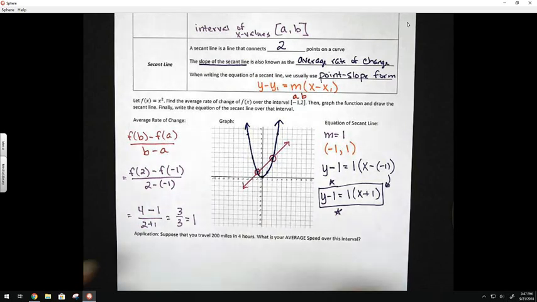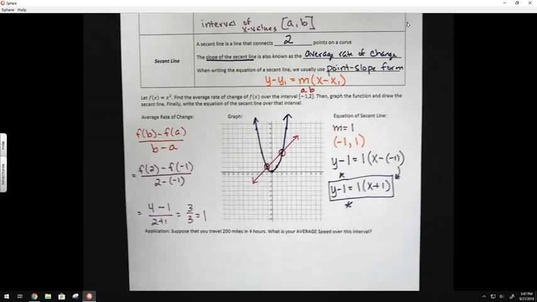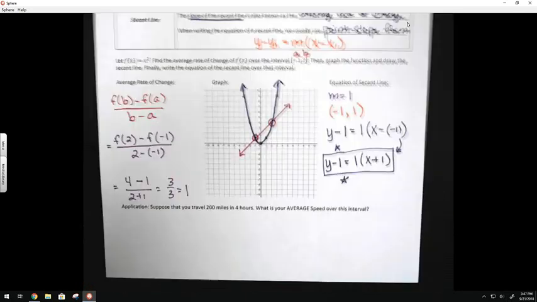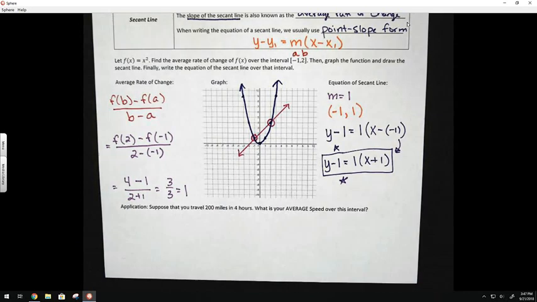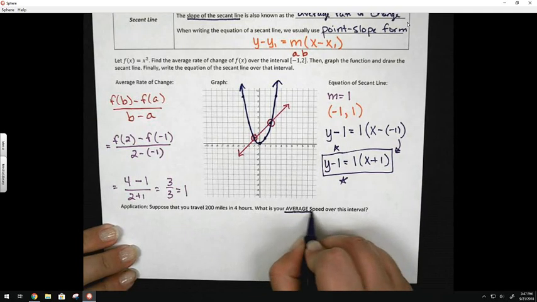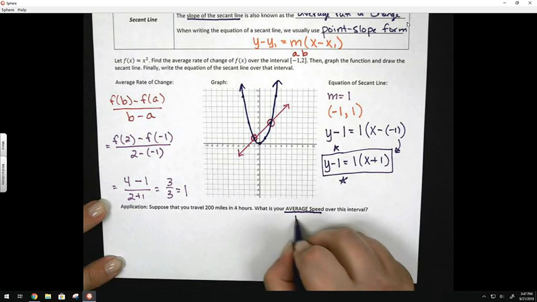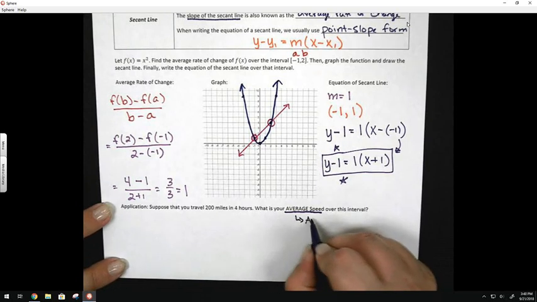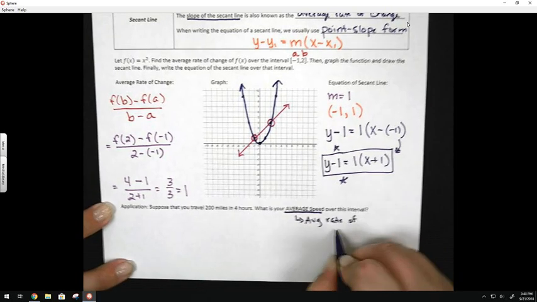All right. Now, an application of this would be like this word problem below. So suppose you travel 200 miles in 4 hours. What is your average speed over this interval? Well, average speed is just another way of saying average rate of change, because speed is just a rate of change.